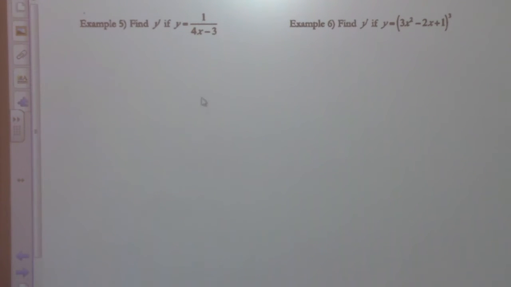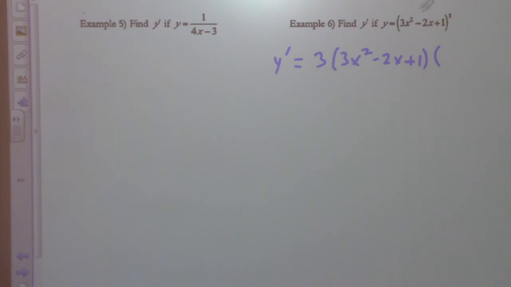Okay, for this one here, y prime, so what do we do here first? Take that 3 and do what with it? Okay, multiply out front. And then what? The squared.